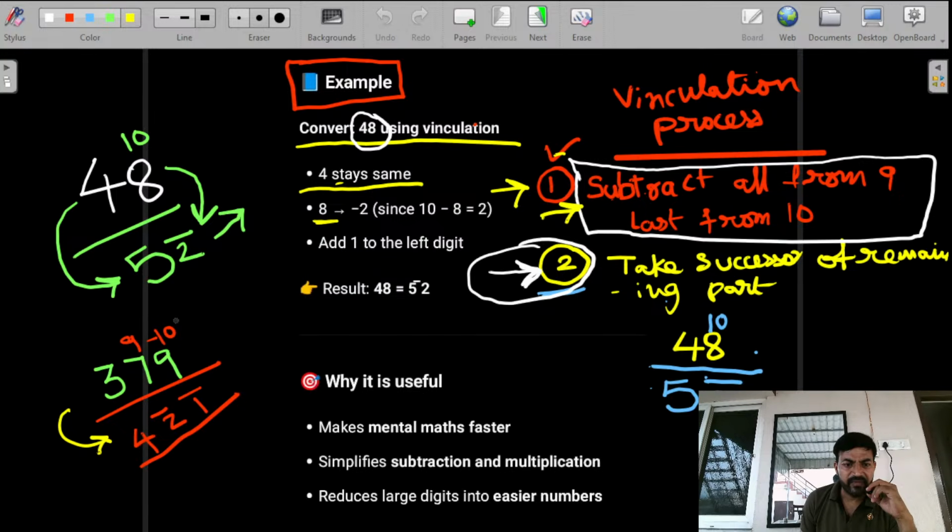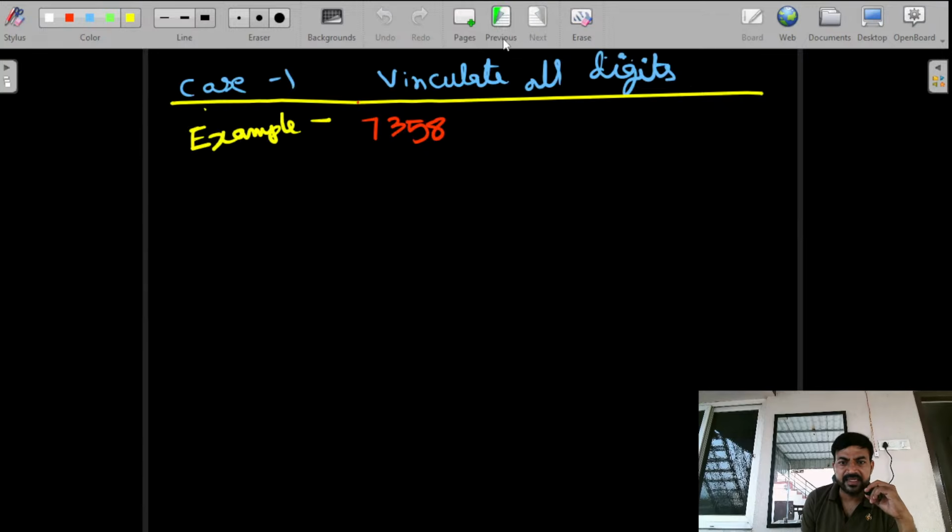So if nothing is specified, you have to vinculate higher digits only. But if anything is specified, like this, see, case 1: vinculate all digits. That means, for example, I gave 7358 here. If I say vinculate all digits, you have to vinculate all digits irrespective of higher digit or lower digits.